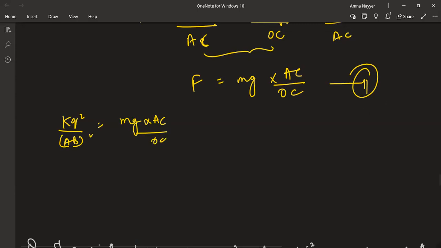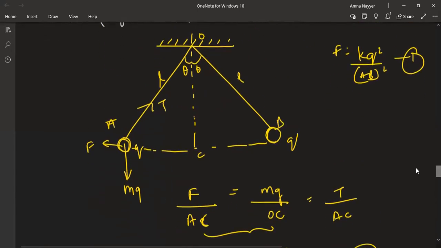Now look here, AC is exactly equal to what? AC is just this part. This is L sine theta, if you take L as the length of the hypotenuse of the triangle. This is theta angle. So this part will become L sine theta, so double of it, this entire part, is 2L sine theta.